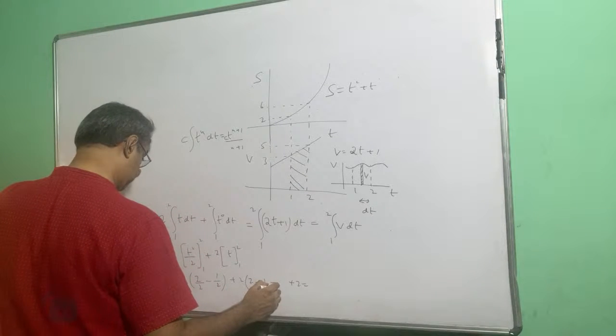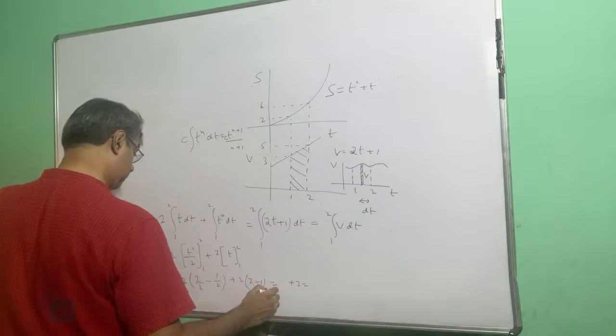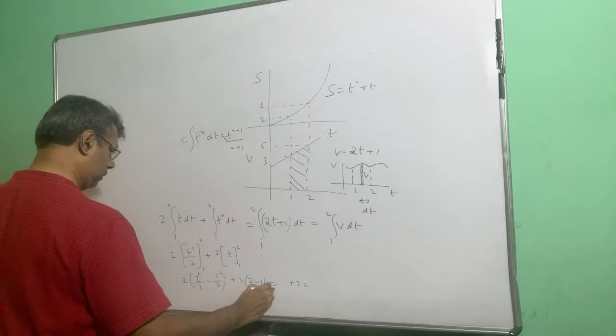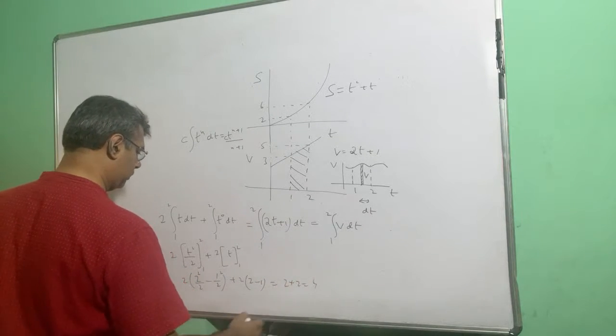So actually it is 2 square by 2. So this will be 2 plus 2, that is 4.